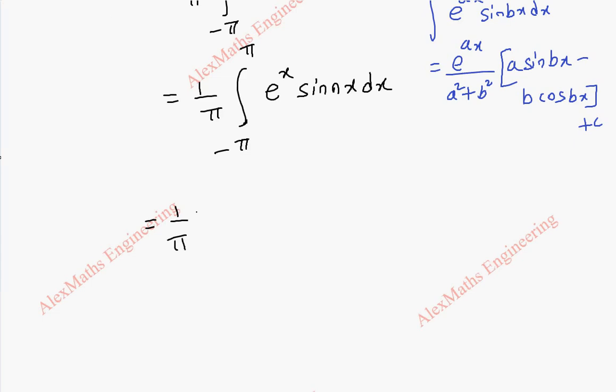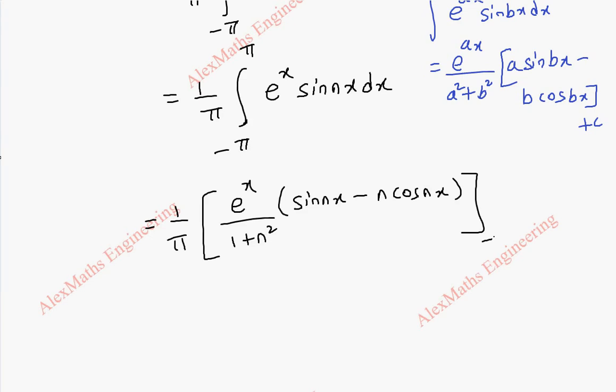1 by pi, bracket open, e power x by a square, which is 1 square, plus b square, which is n square, and we have a sin bx, which is 1 sin nx, minus n cos nx, with the limits from minus pi to pi.